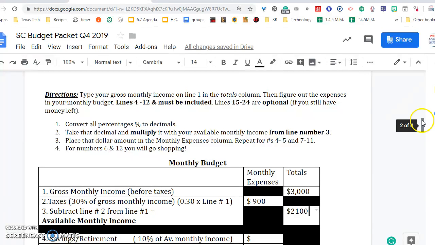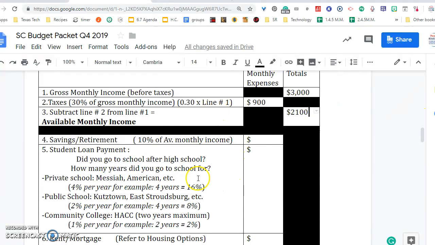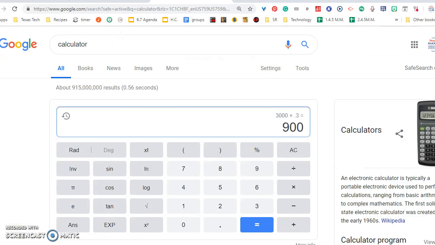For every single problem after this, I'm always going to use the available monthly income. That is how much you're actually going to get deposited in your bank account. That is this line here for line number 3. So for example, savings and retirement, I'm going to take 10%. I'm going to convert that to a decimal. It'll be 0.1. So then you can use your calculator if you need to.